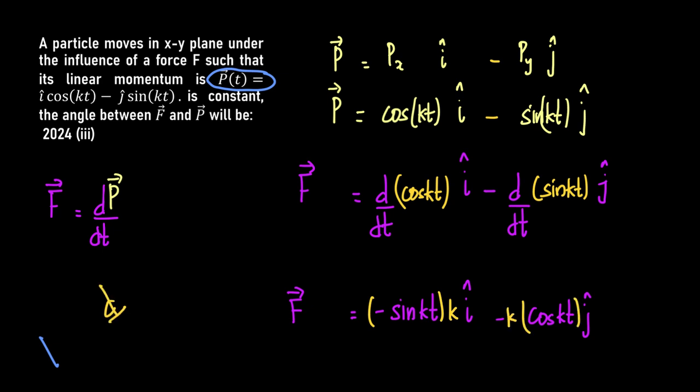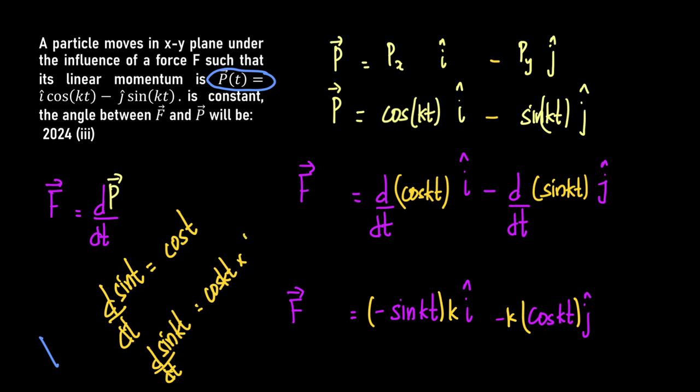Why? Because d by dt of sin t is cos t, but d by dt of sin kt would be cos kt into k into d by dt of t, which is 1, right?